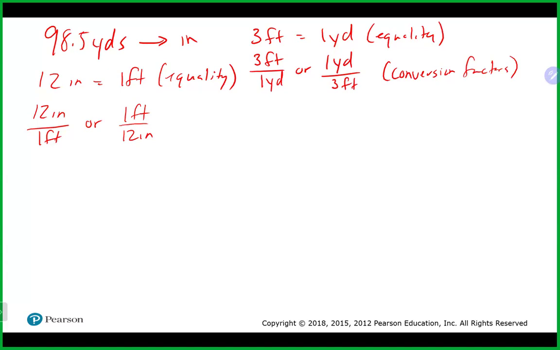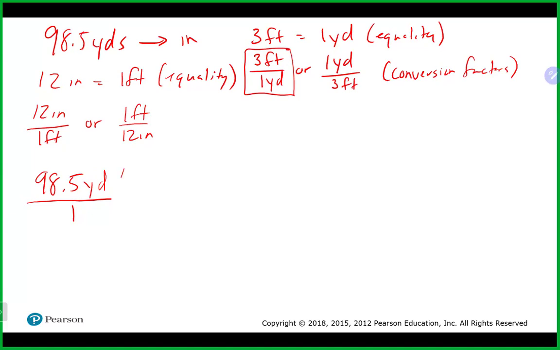So we'll start with our first number there, which is 98.5 yards. Once again, we want to do a little dimensional analysis. So to help us out, maybe we put it over 1. That makes our choosing hopefully easy, right? Because yards is up on top, which means I want to get rid of it, and that needs to go in the opposite location. So the conversion factor here on the left is going to do that.